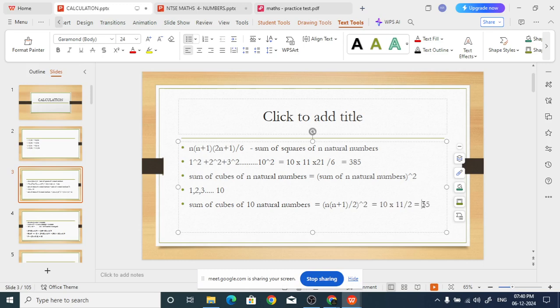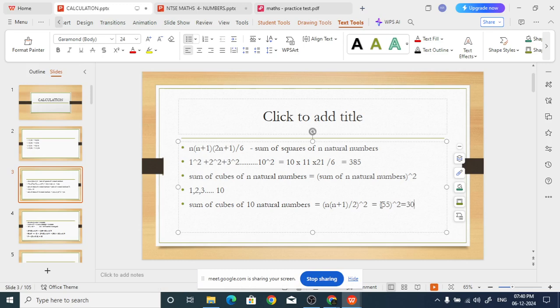So 55 square is how much? 55 into 55 is equal to how much? 3025. Okay, 3025 is the answer.